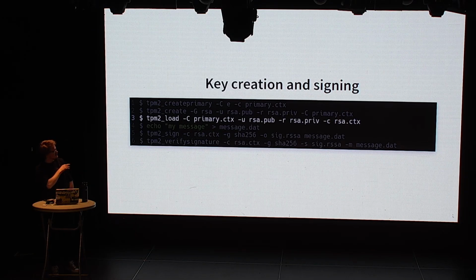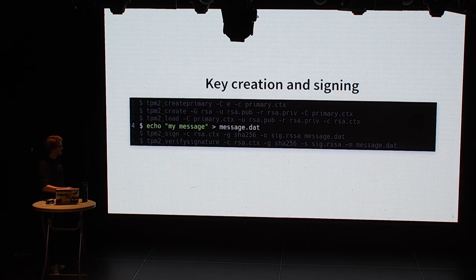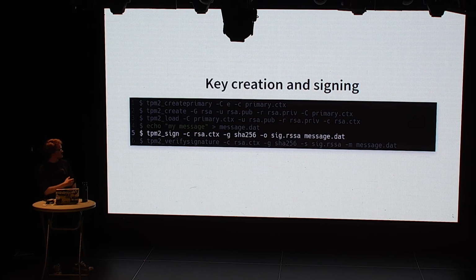What that allows us to do is to take this public and private part, which can be carried outside of the TPM, and load them back into the TPM again. In this case, it gives a new context. We can use that to create some form of data, which we can then sign with some message and use to verify the signature.